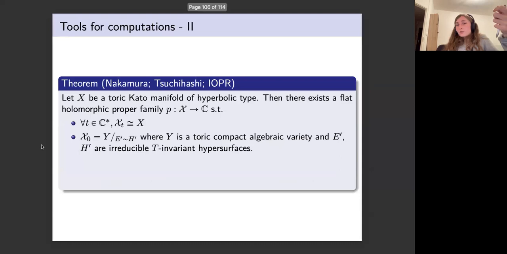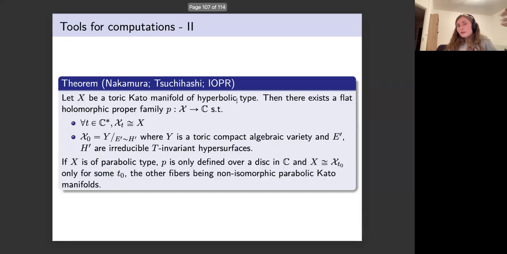Because this works for hyperbolic, so that all the fibers are the same around 0, you can directly use these semi-continuity arguments and say directly, if you know something about the central fiber, which is singular but also algebraic, so you can use some of the things that you know about it, you can deduce what you want for any hyperbolic.